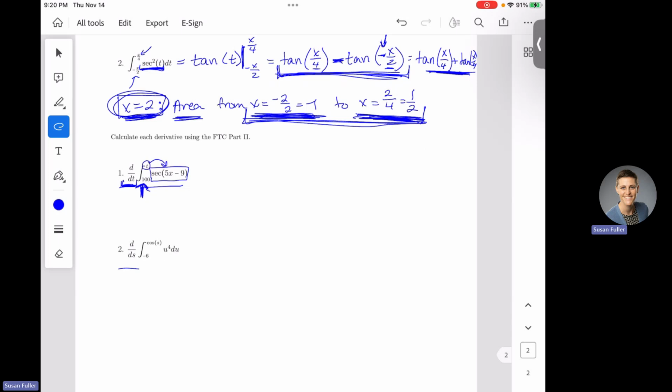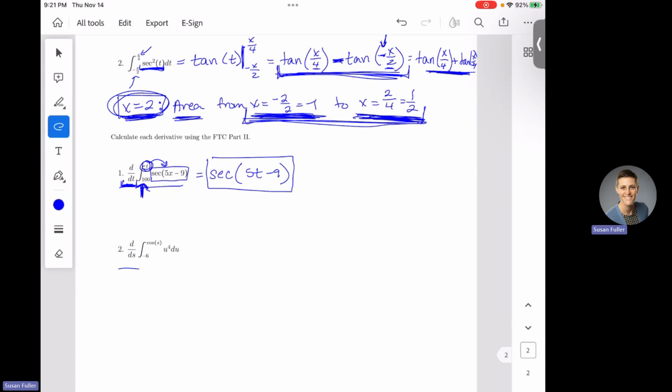This is just a variable by itself, so I can just plug that in. The derivative and the integral cancel out, and I end up right back at the secant function, except I'm going to have a t instead of an x, because that's going to be my variable in the end. That is what I get when I take the derivative of this integral. I don't even have to do it all out.